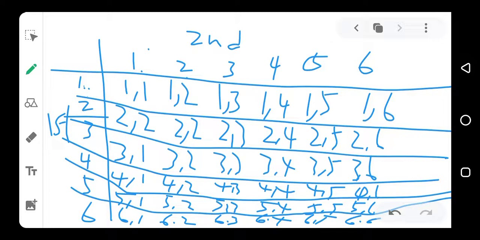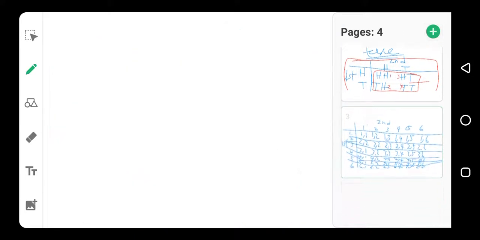Now the probability tree. Probability tree is another form of representing the possible outcomes in an event, but the probability table is more common. Sometimes we represent the outcome this way using a structure that looks like a tree or like a family tree.